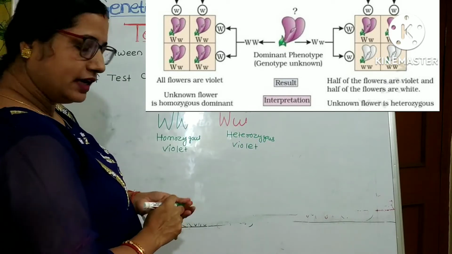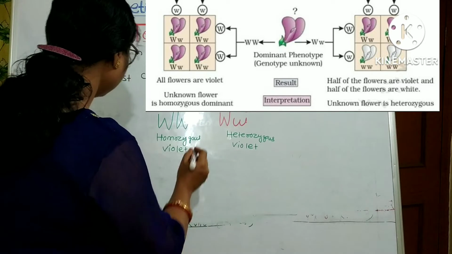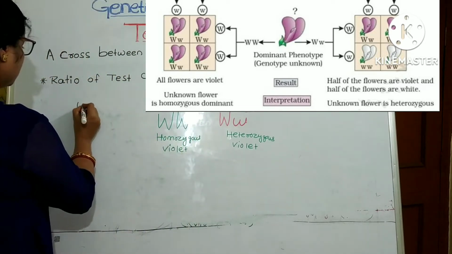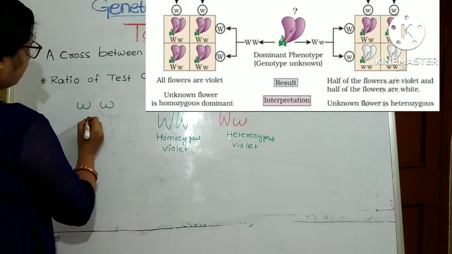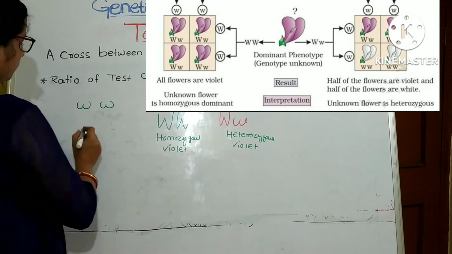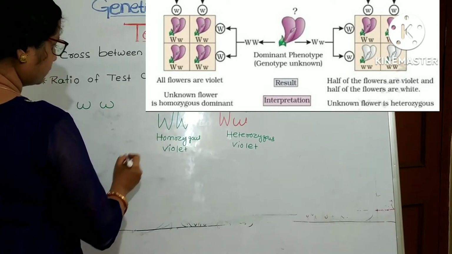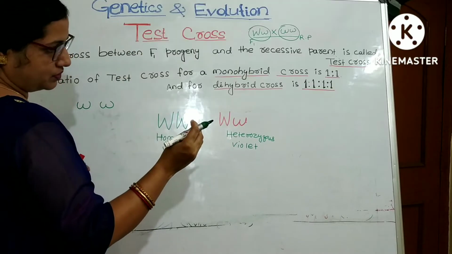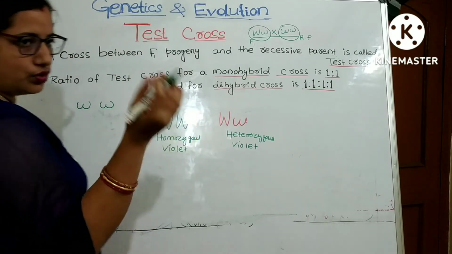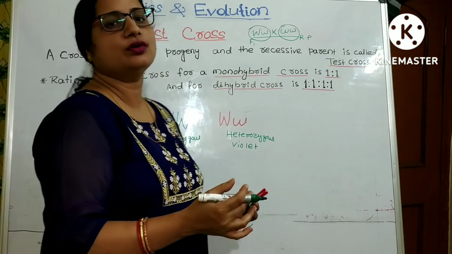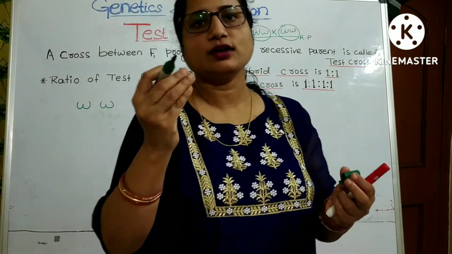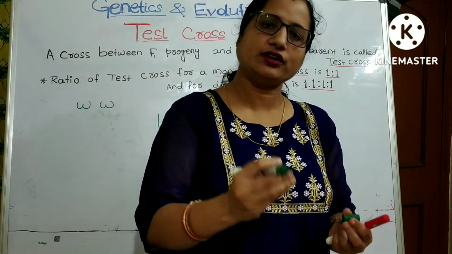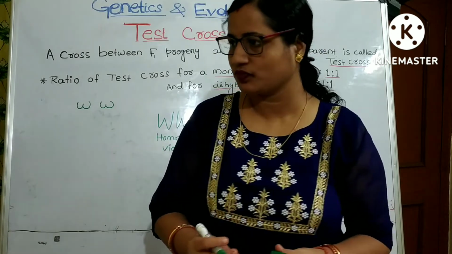In a monohybrid cross, we cross the recessive parent, that is small w and small w, with the violet parent, because we have no idea about the genotype. We don't know whether the dominant character is present in a homozygous or heterozygous condition.